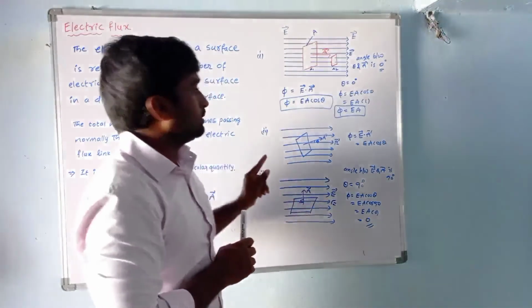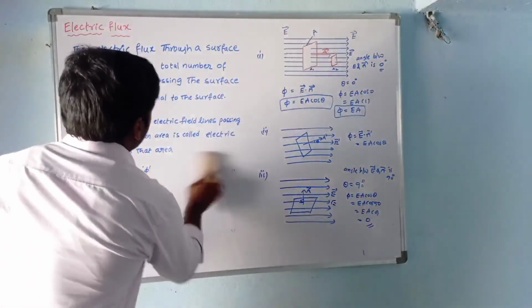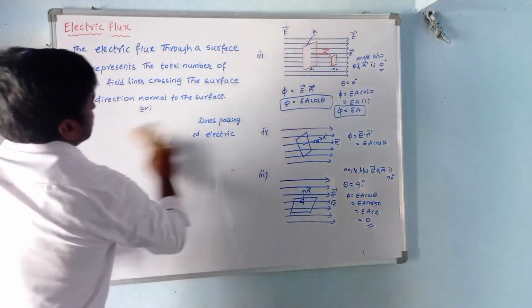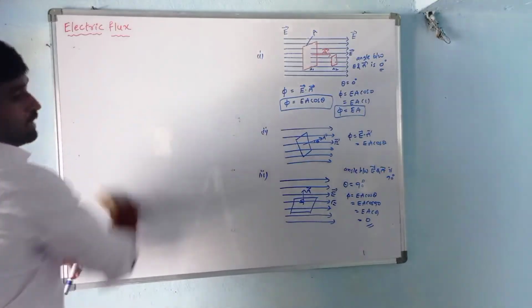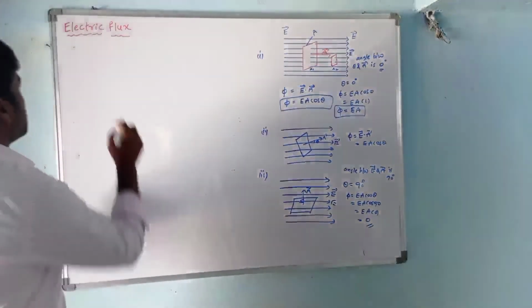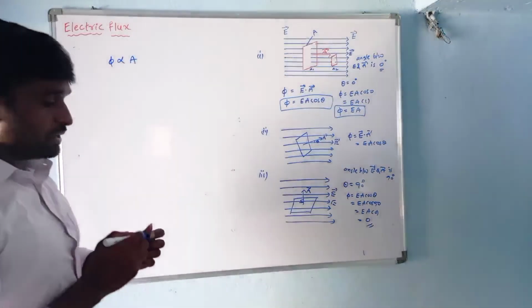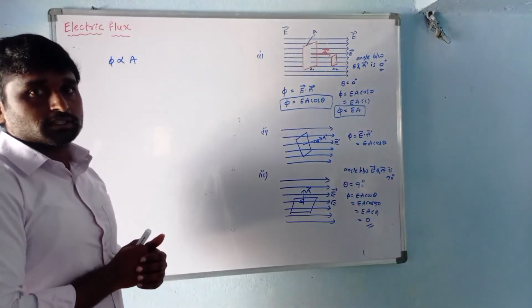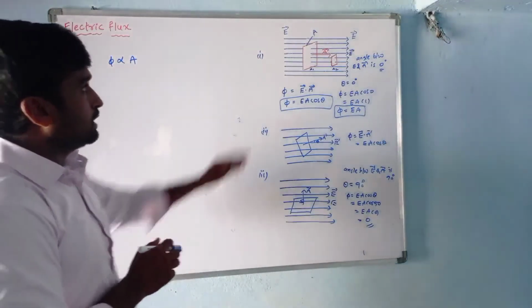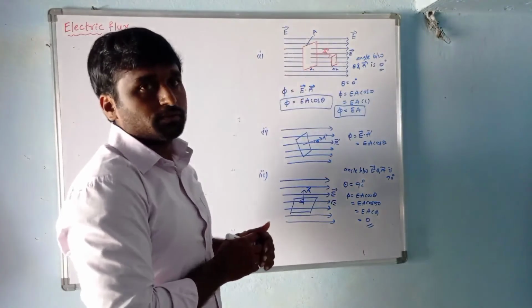See here, electric flux depends upon three quantities. What are those? Electric flux depends upon the area of the surface. When we have a large area, we will get more, a large electric flux. See here, this is a large area surface, this is a small area surface.